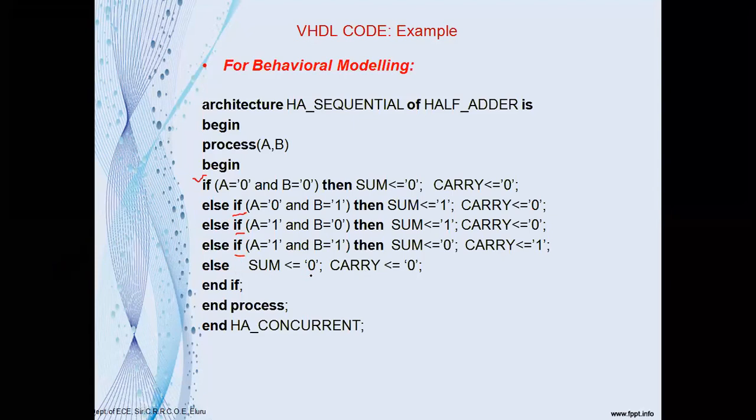In that, you are finally assigning the sum and carry the logical value 0. So in this example, I have defined the four conditions, and if the conditions are not any of the four possibilities, then assign the sum as 0 and carry as 0.